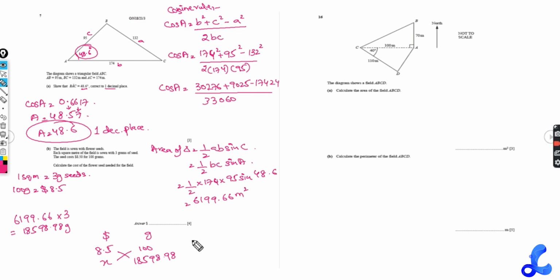When you do this, you get 18598.98 times 8.5 divided by 100 equals X. And when you solve this, you get 1,580.91. You can also keep this as dollars, and you can also keep this as $1,581. Answer would be correct in both sense.